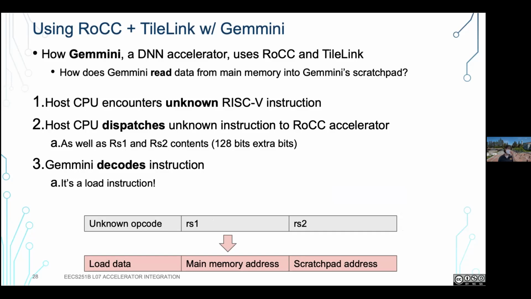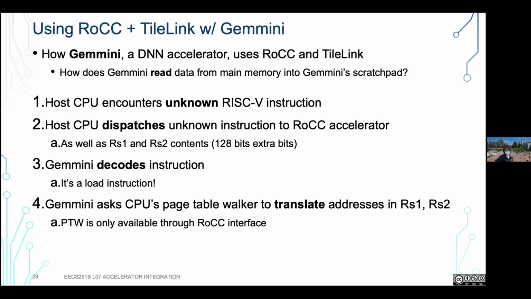Using the Gemmini example, just a very standard flow for an accelerator: typically load, compute, store. You may have different versions of compute, different configurations, and configuration is also useful in the process. So in my decoding, this pattern is a load instruction, and I want to execute my load instruction.